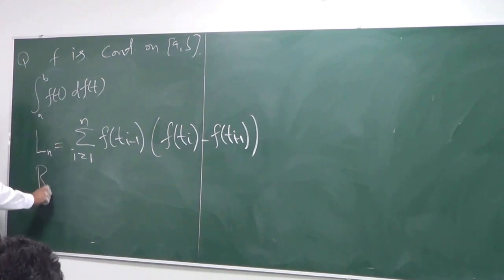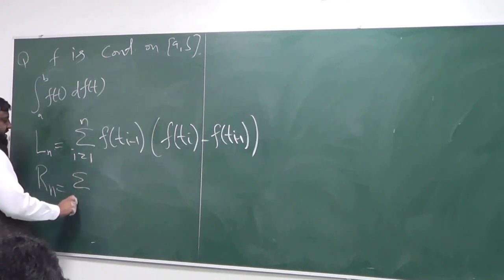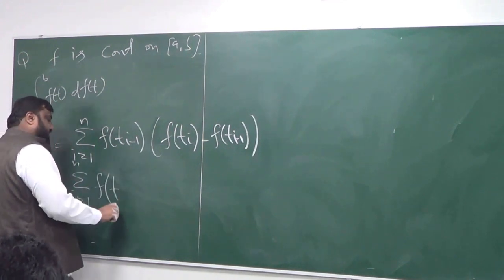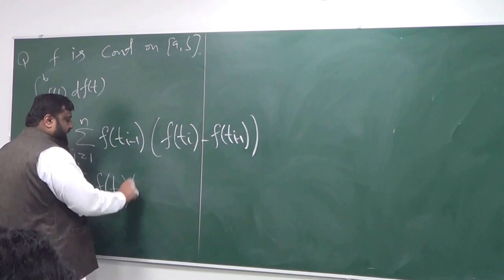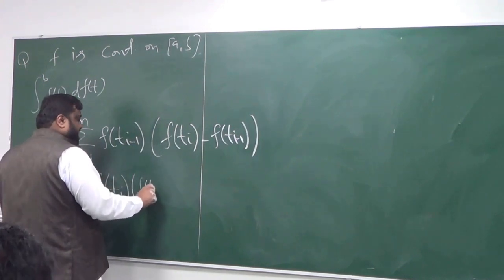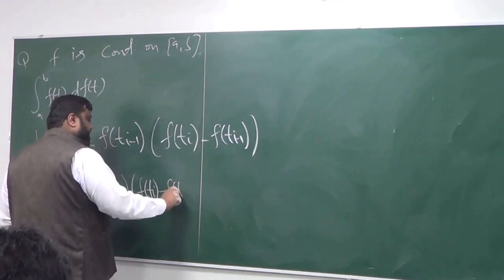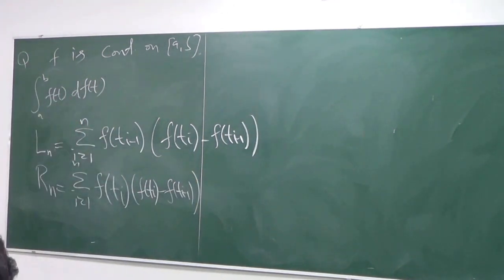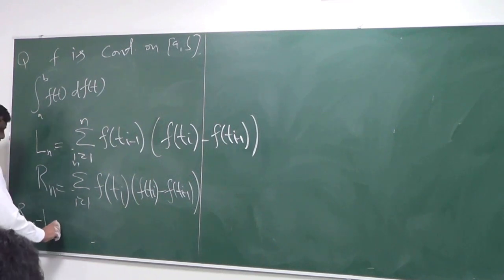and denote by Rn the sum i equal to 1 to n of f(ti) times f(ti) minus f(ti minus 1). What would be the difference Rn minus Ln?